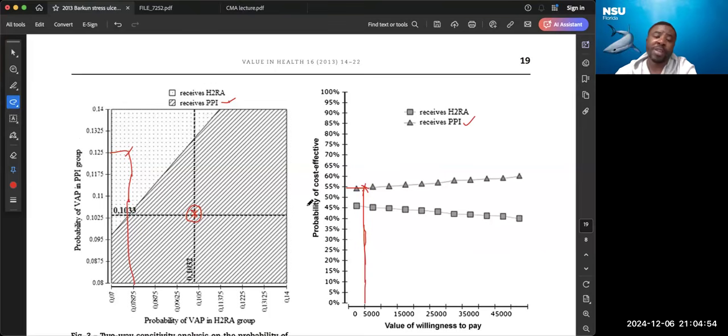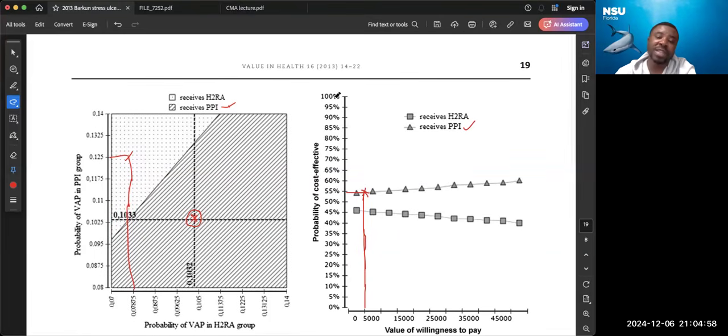If the probability of cost effectiveness is 100%, then it means that you are sure that if you give this drug, it's going to be cost effective. If the probability is, for example, 0%, then it means that the drug will not be cost effective. So here we are looking for a bigger number.